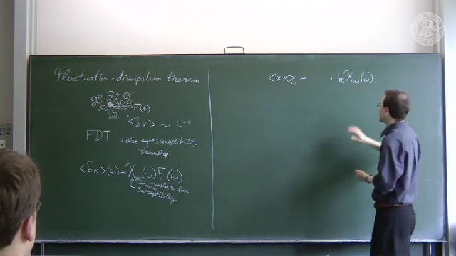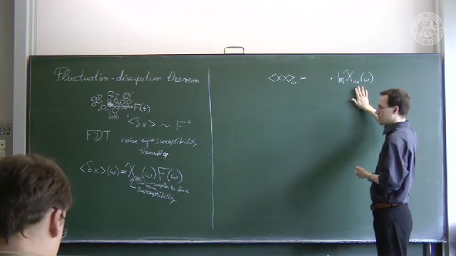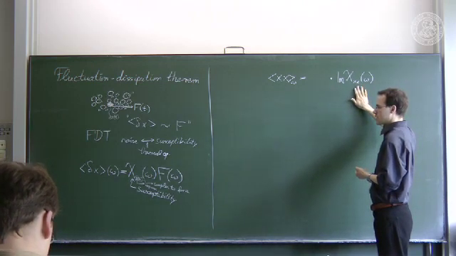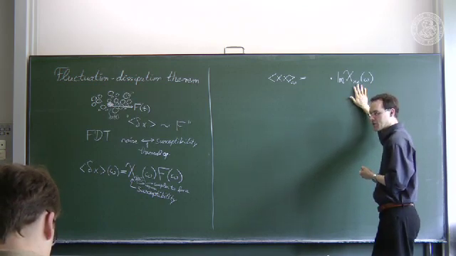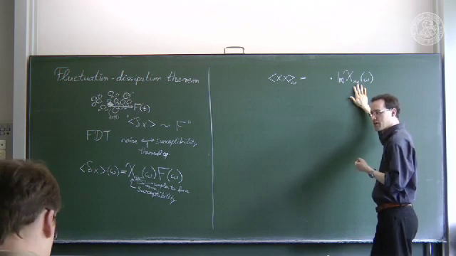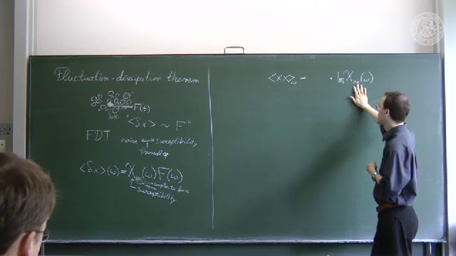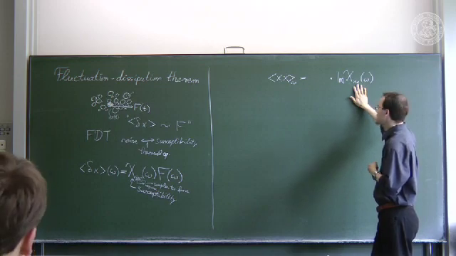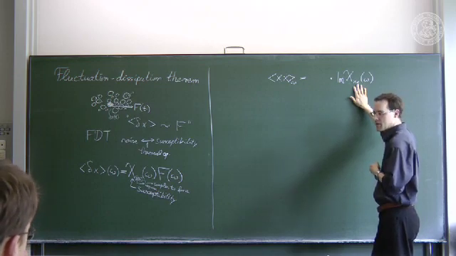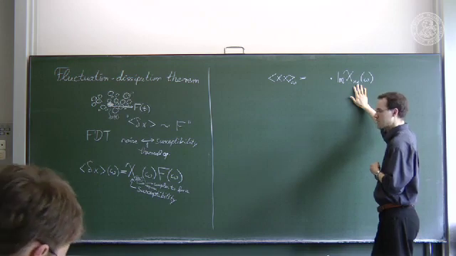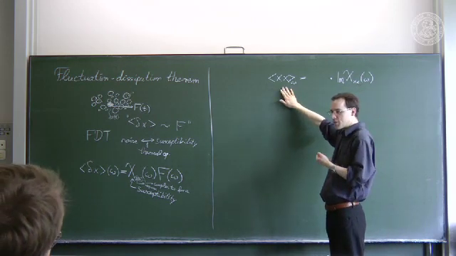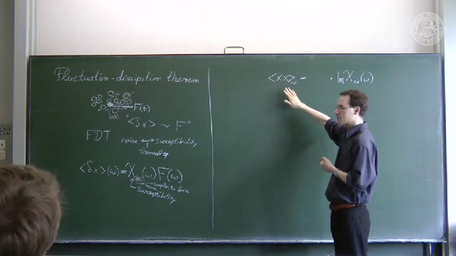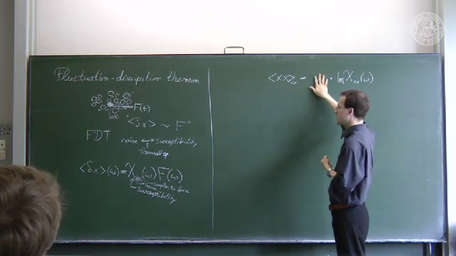And then what is the prefactor? Well, in the most simple physical systems, such as a harmonic oscillator, the susceptibility is completely independent of temperature. It depends on the spring constant, it depends on the damping rate, if you have a damped harmonic oscillator, it depends on the mass, but it does not depend on the temperature. The response is the same at all temperatures. Nevertheless, the fluctuations, they do depend on the temperature. And so it is very reasonable to expect that some of the temperature enters.